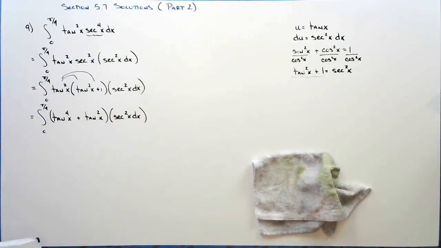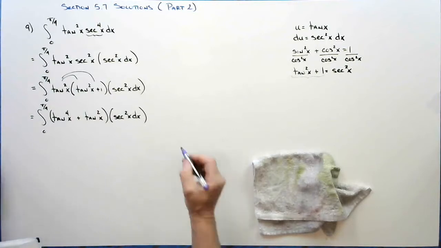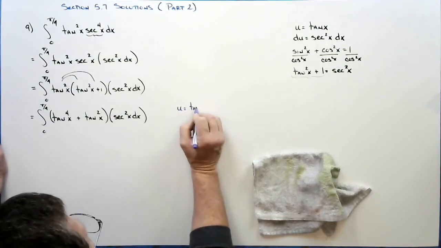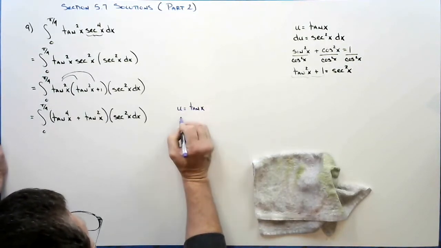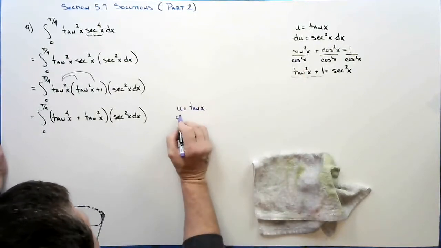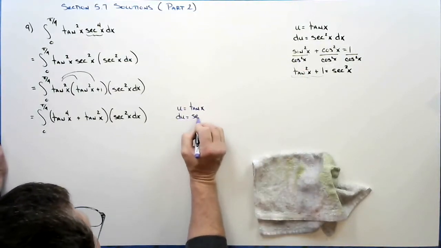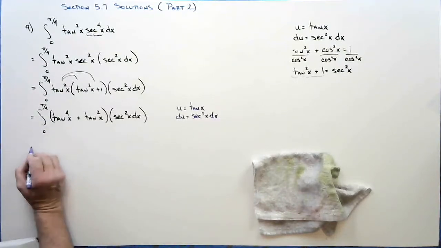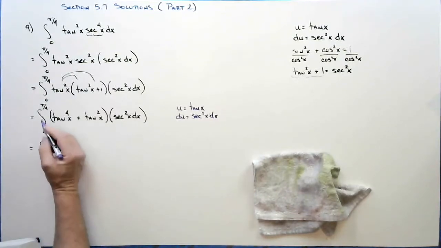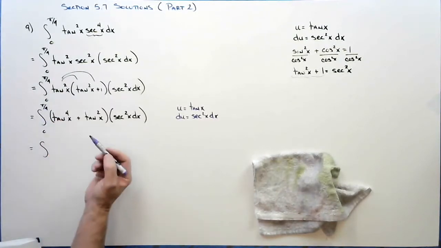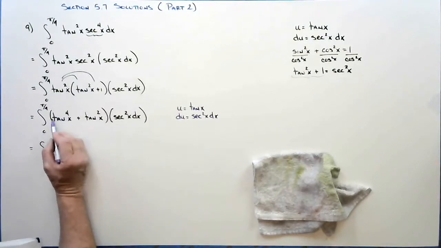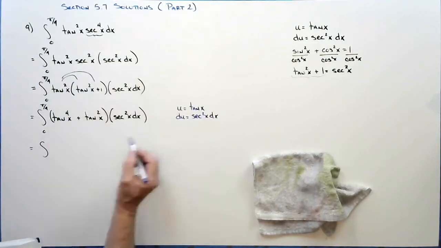If we determine that we're going to let u equal tangent of x, then as we've written over there, du, of course, is going to be secant squared x dx. So we can rewrite this integral, no bounds, because these bounds are in x. We're now integrating in u, so the bounds are not written here. This is tangent to the 4th, that's going to be u to the 4th.